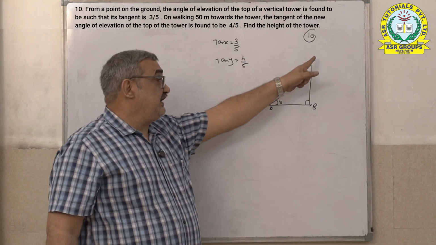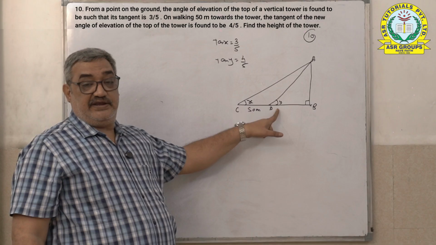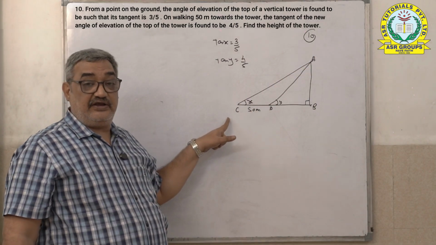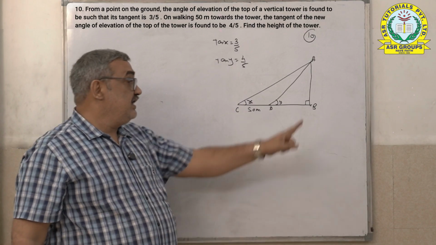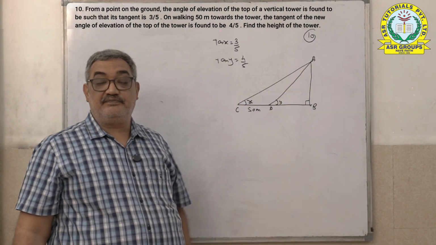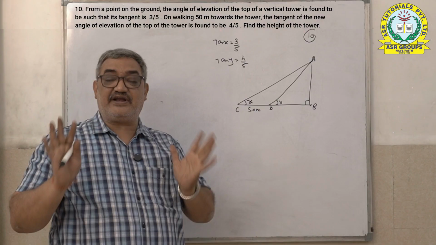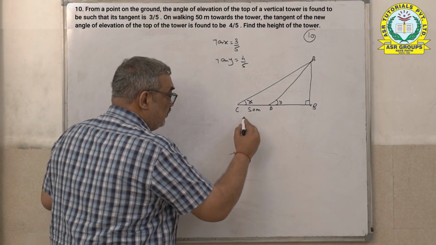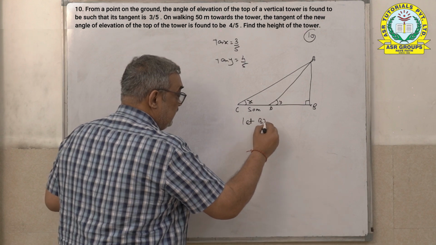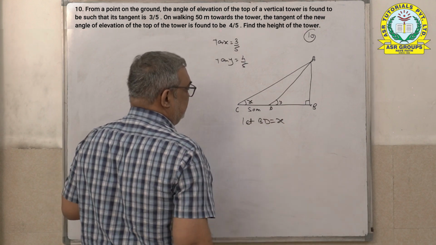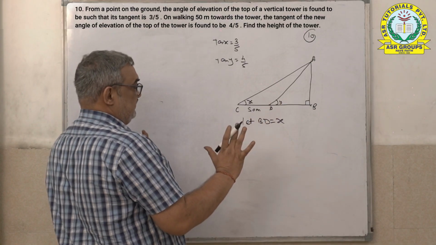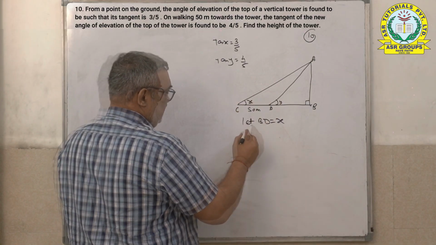See triangle ABD and ABC, right? In both triangles, AB is common. I will make AB the subject. Best way. So, we'll assume let BD is X. First, we'll take the closer triangle always, the smaller one.